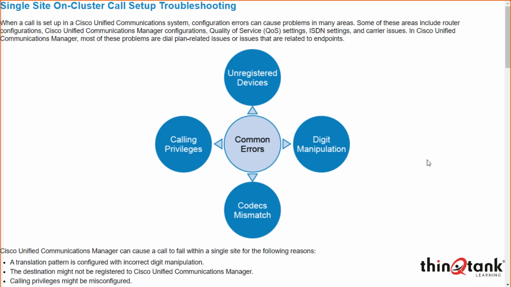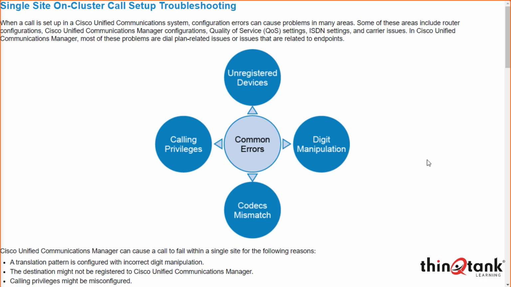By the way, with that particular problem, the call setup and call teardown would work just fine. The call would actually ring through. The recipient would actually pick up the phone, and then the call would fail because the transcoding has to be done on the media stream.